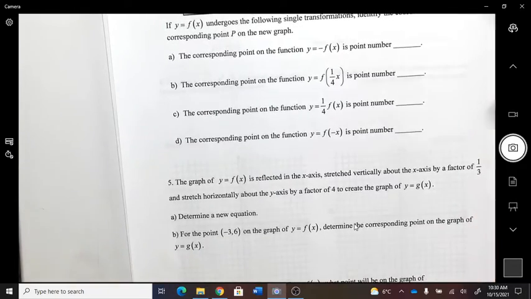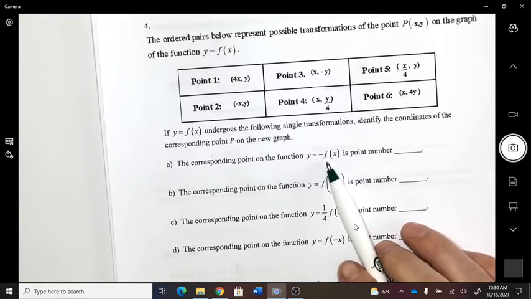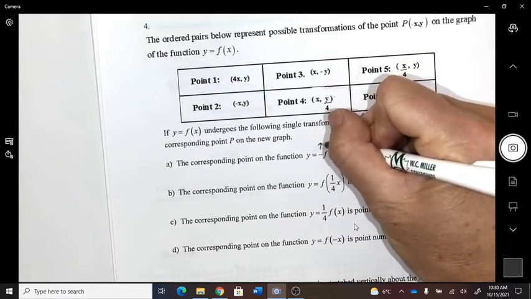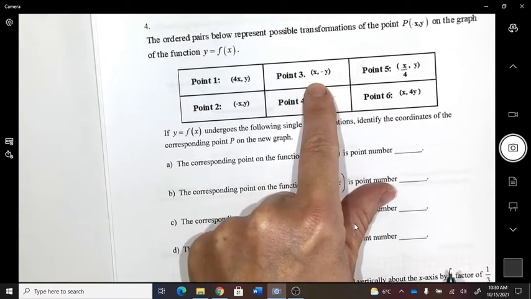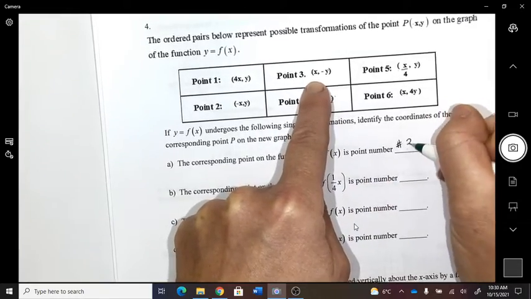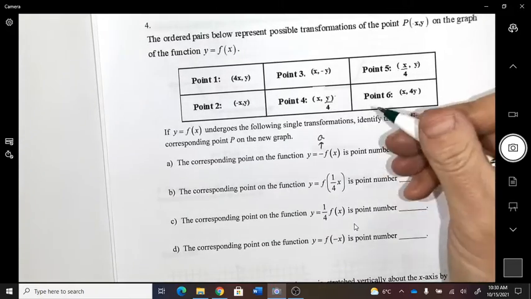Okay, so our original function had x, y. If this happened, what would your point look like? This is in the what letter? The A letter? So that goes on the X or the Y? The Y. So that should be point number 3. Okay.